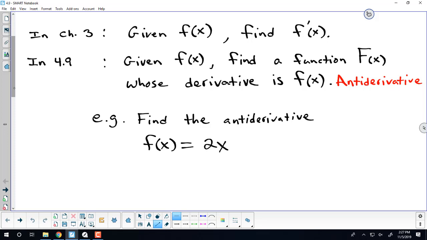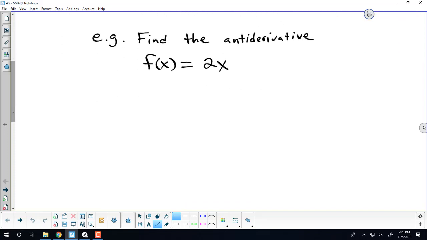Capital F is what we're going to call the antiderivative. So for example, if it says find the antiderivative of 2x, what we're thinking about is, what function did I take the derivative of in order to get 2x? Yes, x squared. So that's how we find the antiderivative of this.